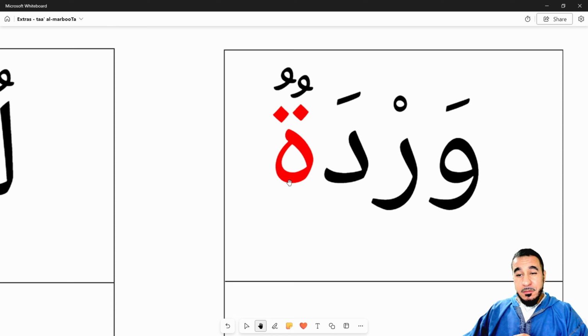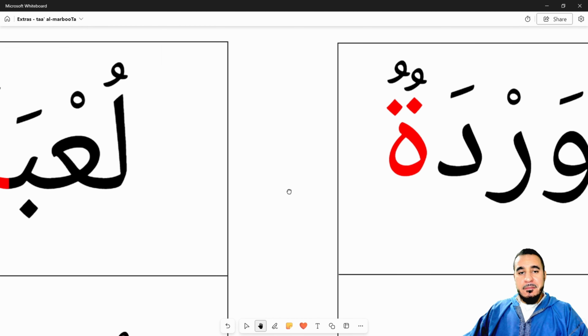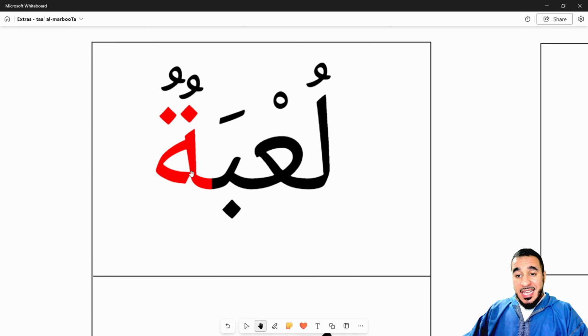Remember, the ha, when it's by itself, it looks just like this without the two dots above it. And this ta al-marbuta looks just like the ha when it's attached to a letter physically and it's at the end of a word.